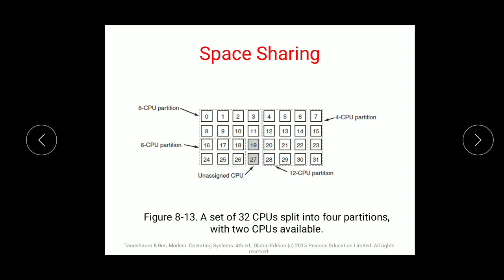As you can see, they have set 0 to 11 in 8 CPUs, then 16 to 26 in 1, then you have 4 to 30 in 1, and 7, 15, 23, 31 in 4. So they have divided into partitions of 4, 6, 8 and 12, and some are unassigned also, because processing is not available for them.